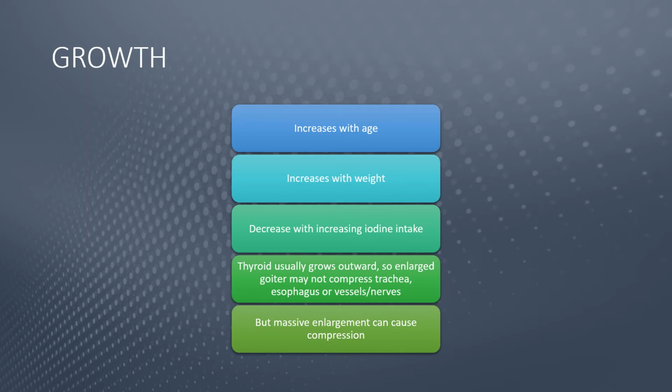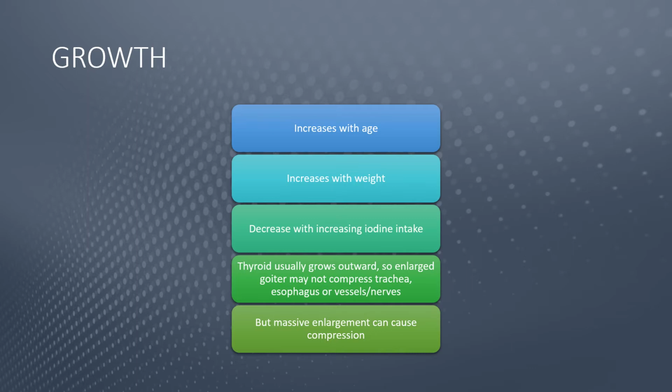Thyroid usually grows outward. So an enlarged goiter may not compress the trachea, the esophagus, or the blood vessels or nerves. I think I've explained that right. Usually it grows outward.